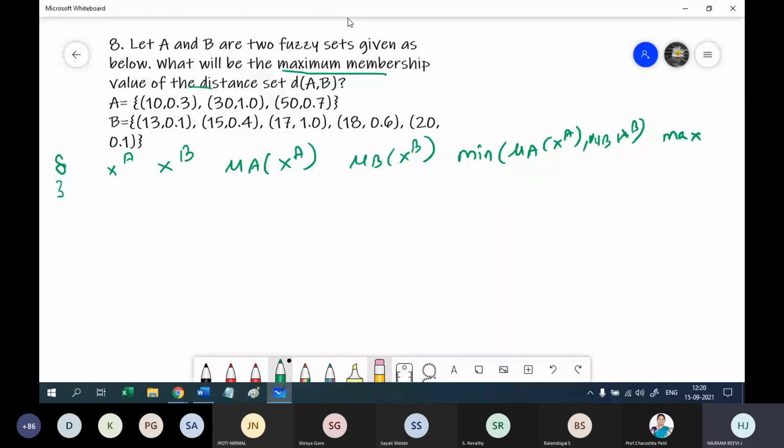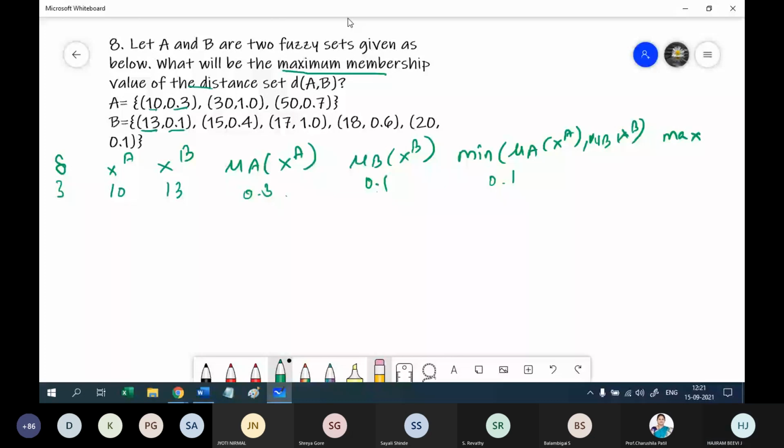For 3, the XA value is 10 and the XB value is 13. The membership values are 0.3 and 0.1, so the minimum among 0.3 and 0.1 is 0.1. The next distance is 5, which means 10 and 15.